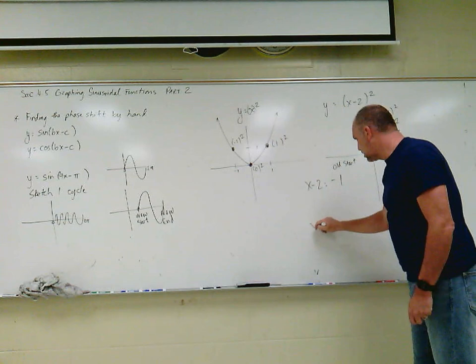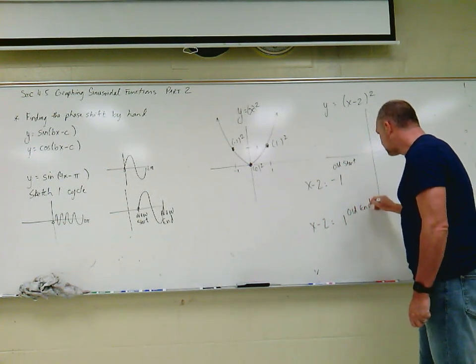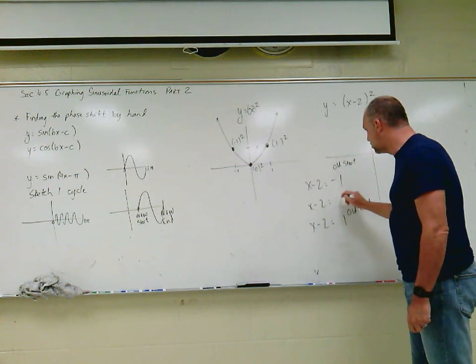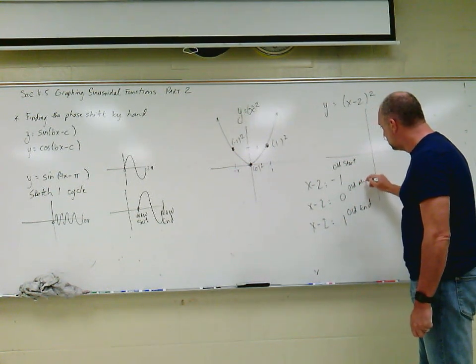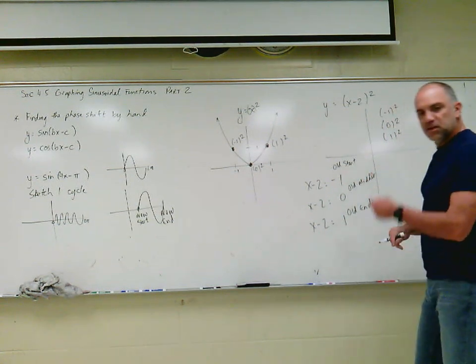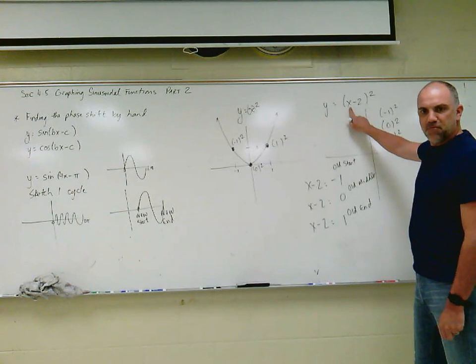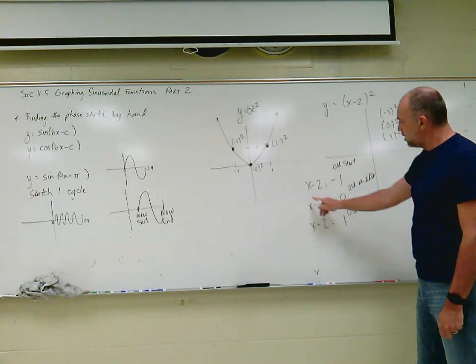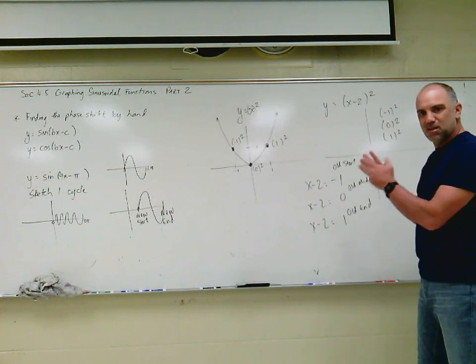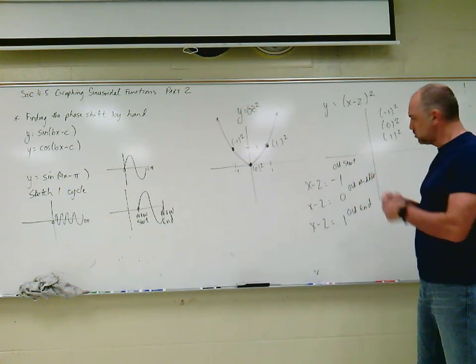Then I set x minus 2 equal to 1, the old end, and x minus 2 equal to 0, the old middle. All I did is take the inside of my function and set it equal to those original x values, and if I solve for x, that tells me where my new x values will be, where those points have moved.